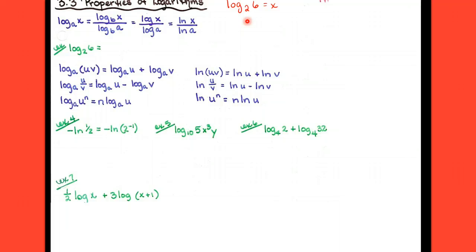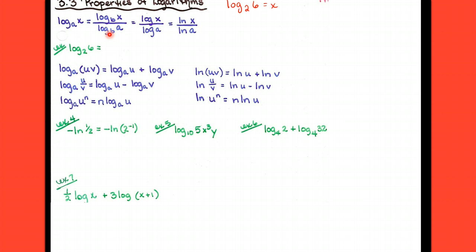The change of base formula says if you're trying to find the log base a of x, you can rewrite that as the log of x over the log of a using any base that you want, as long as you use the same base top and bottom.